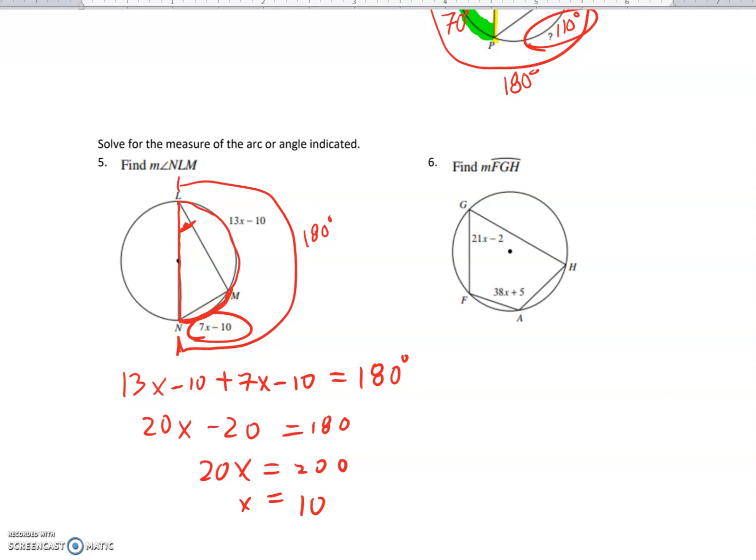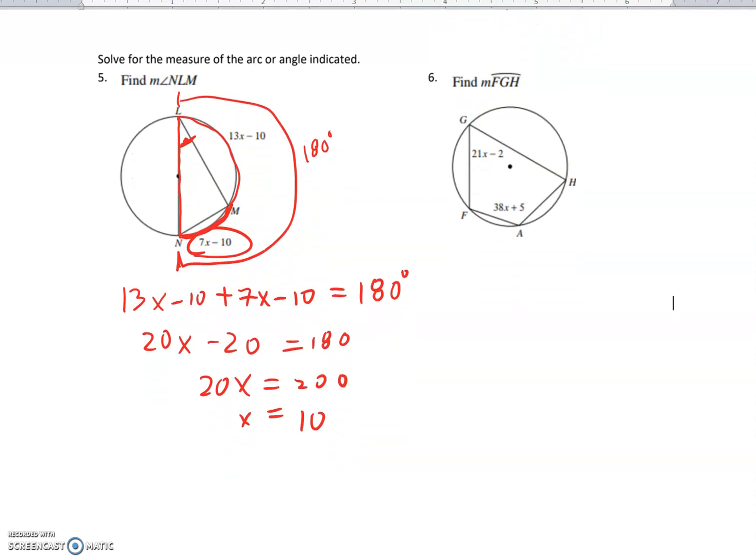So I can use the 10 to say that the measure of arc NM has to equal 7 times 10 minus 10, which would be 70, take away 10, which would be 60 degrees. That means that the measure of angle NLM has to be half of the intercepted arc, which is 30 degrees.